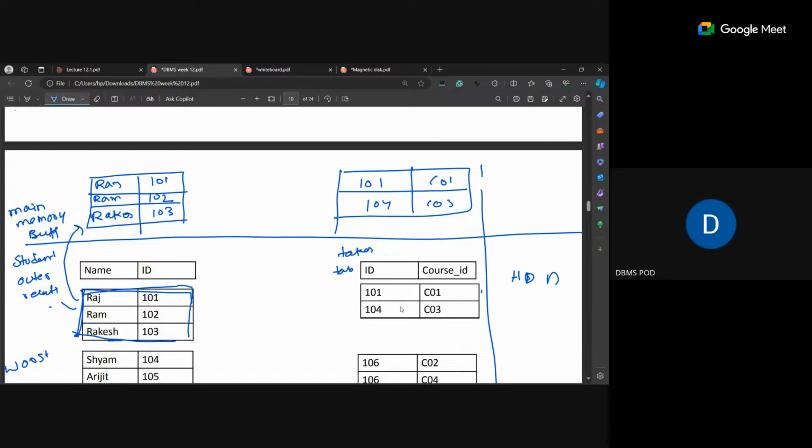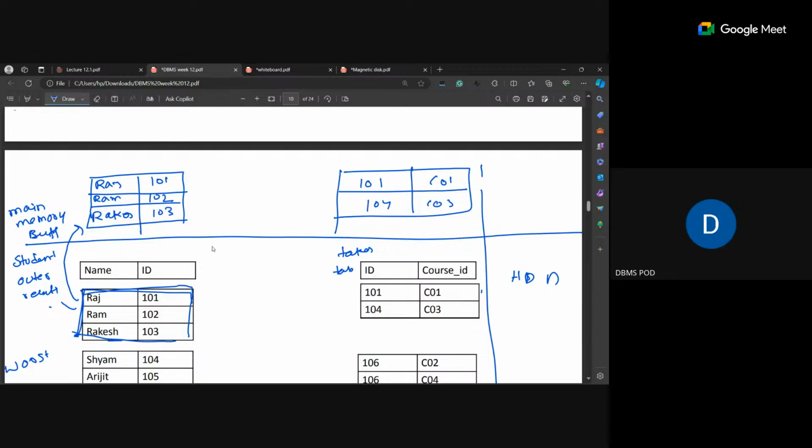That's why I'm taking 2 tuples. It may be the same and may not be. It can be 1 also. It depends on the size of each tuple, how much data it has.